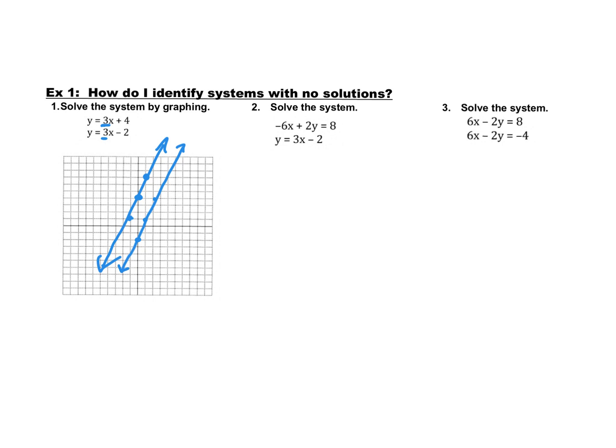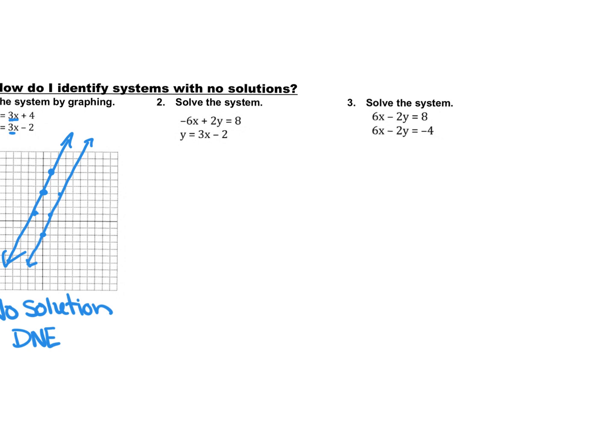In a linear system, the solution is the point at which the two lines intersect. Because these lines are parallel, they are never going to intersect. So the solution here is no solution. And when we put this in for our assignment, we use DNE.